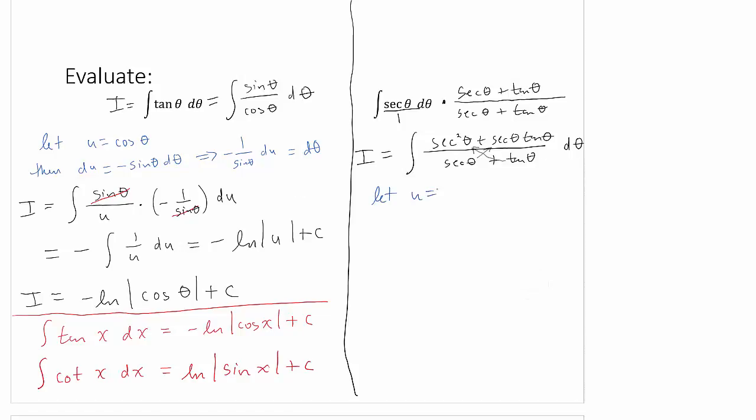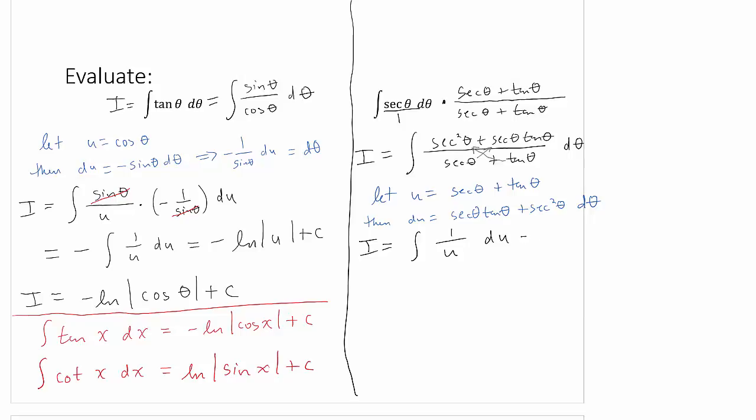I will let u equal secant theta plus tangent theta, then du is equal to secant theta tangent theta plus secant square theta d theta. That's the entire numerator. And so the integral becomes the integral of 1 over u du.